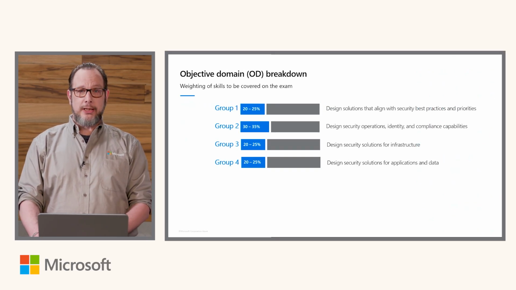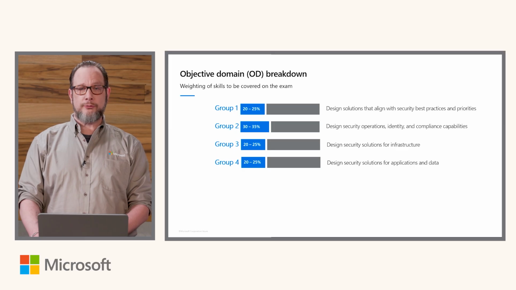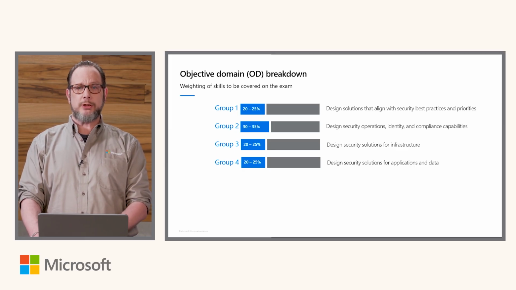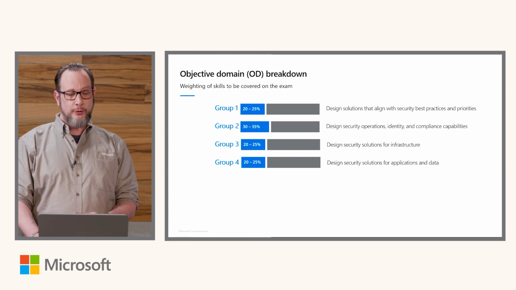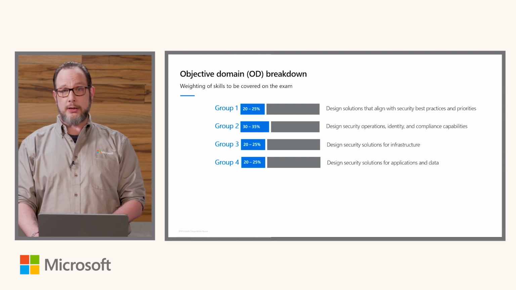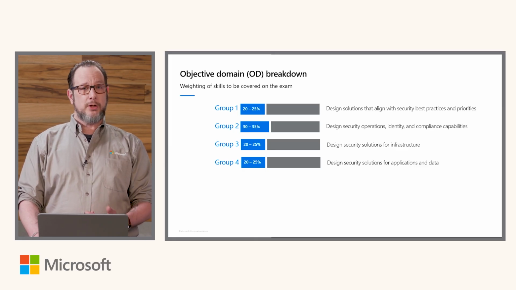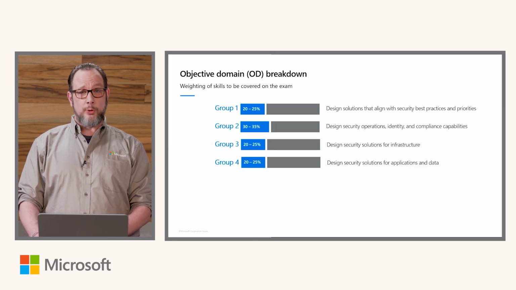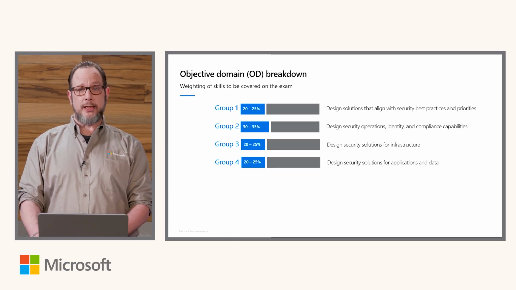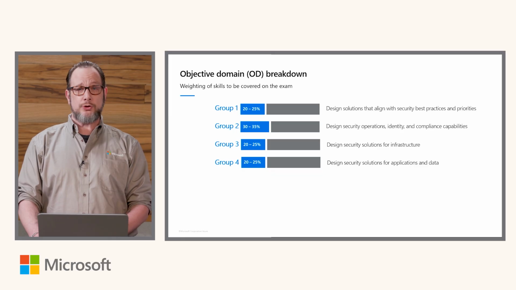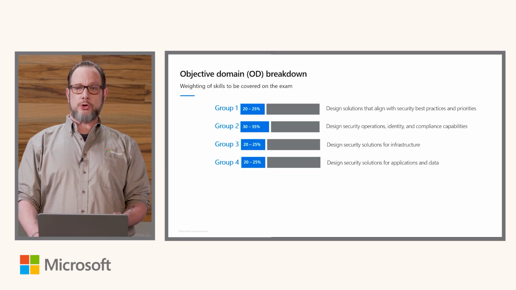In this series, each episode will cover one of the four groups in the exam objective domains. For SC-100, these groups are: the first one, designing solutions that align with security best practices and priorities. Second, designing security operations, identity, and compliance capabilities. The third one focuses on designing security solutions for infrastructure.